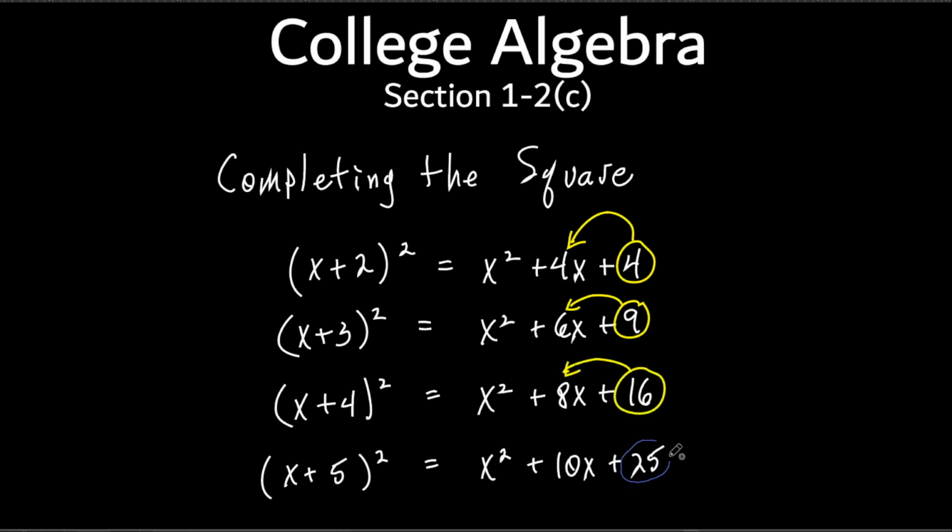And we're doing the same math every single time. What did we do to 9 to get to 6? What did we do to 16 to get to 8? What did we do to 25 to get to 10? And we could keep doing this even more times if we wanted to, but this is enough to establish a pattern. What do you think?